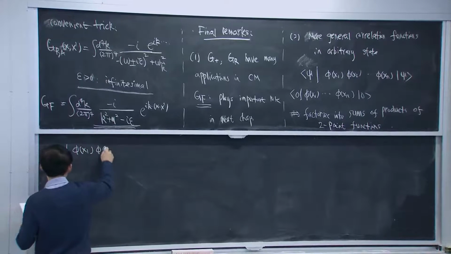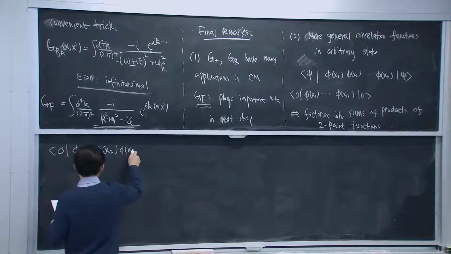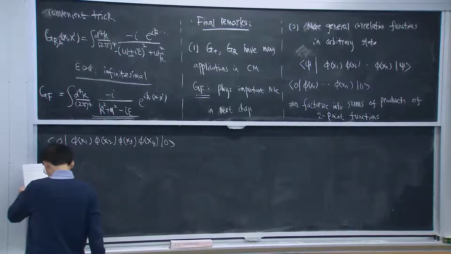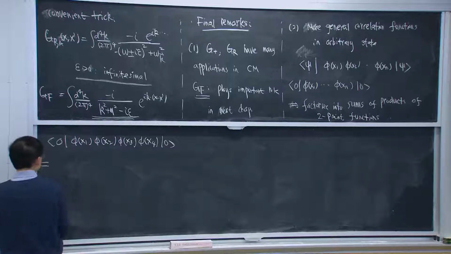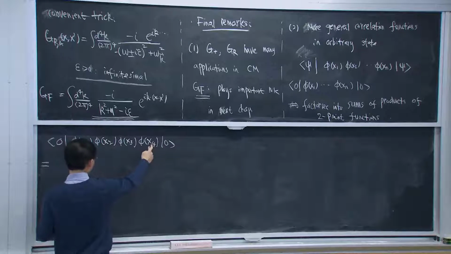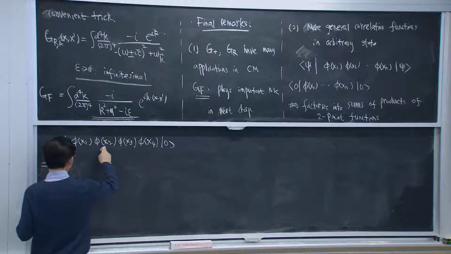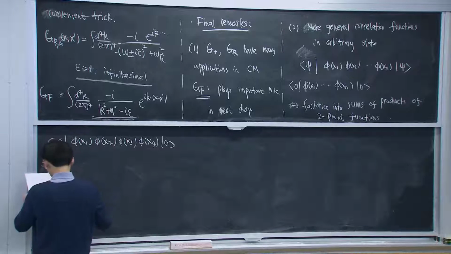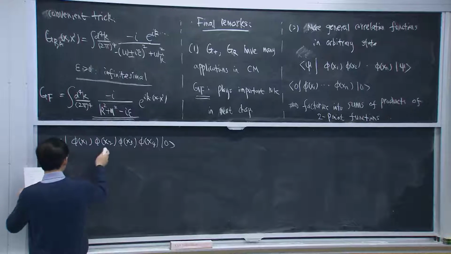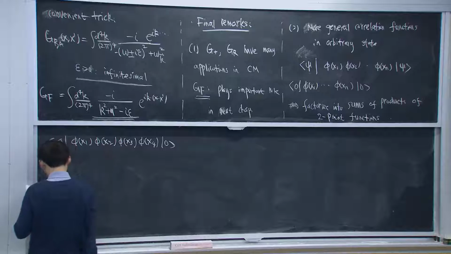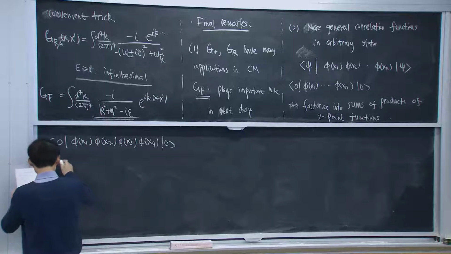If you consider phi x, you can easily convince yourself that the A dagger from one of these creates, and then it can be annihilated by any of the others. Similarly, an A dagger created by another one has to be annihilated by some later one. So you always have to pair them, and you can show that this just reduces to all possible pairings.